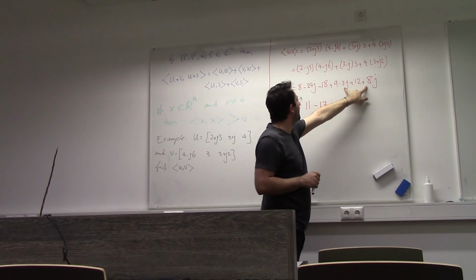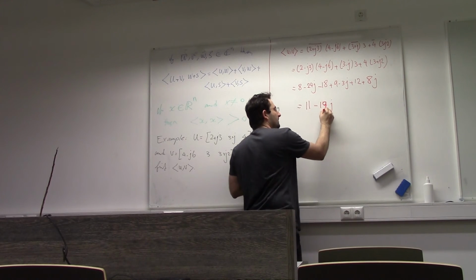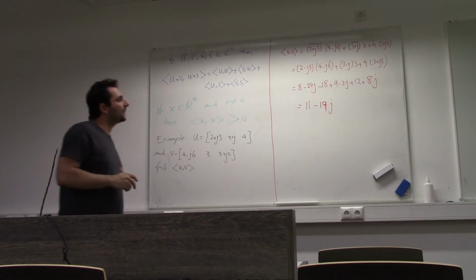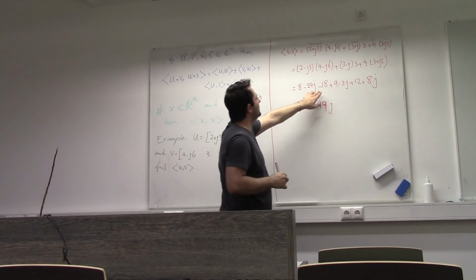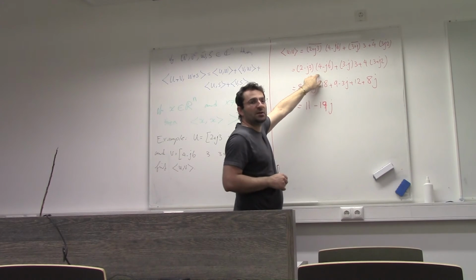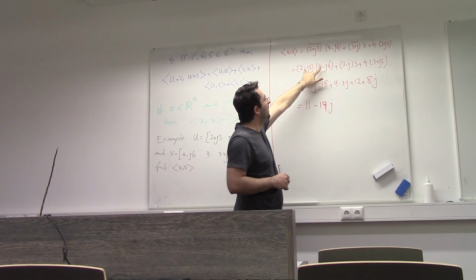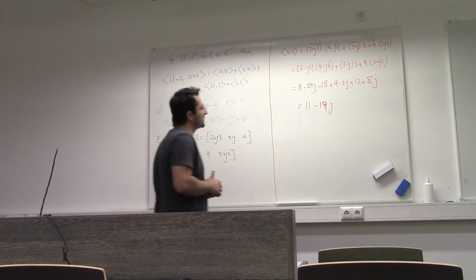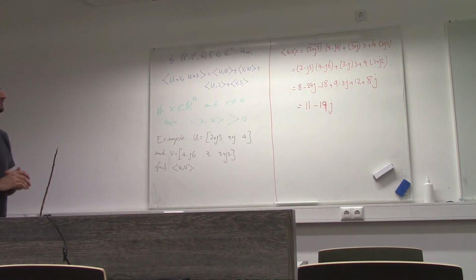This will become 5. 5 minus 24 is 19. Okay? And is it minus 18? Yes, because j squared is minus 1, multiplied by this minus, and minus and minus is plus, so minus 18. Okay?